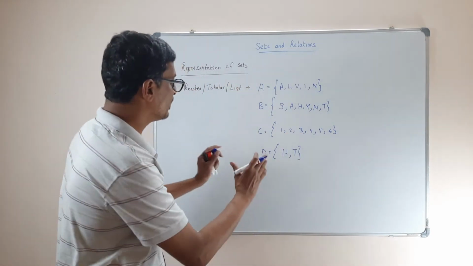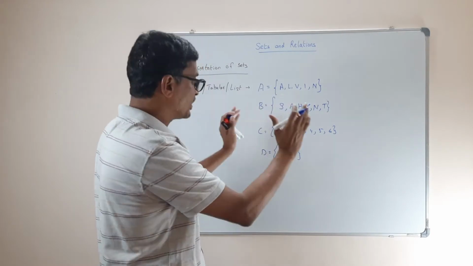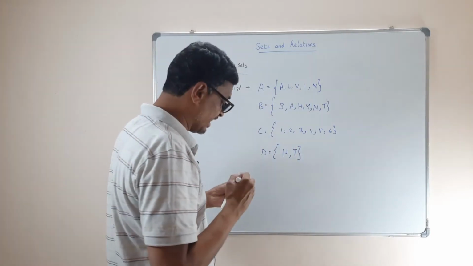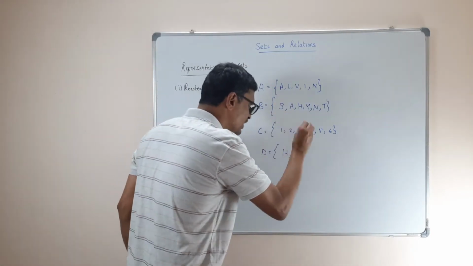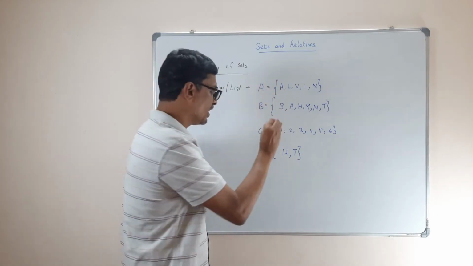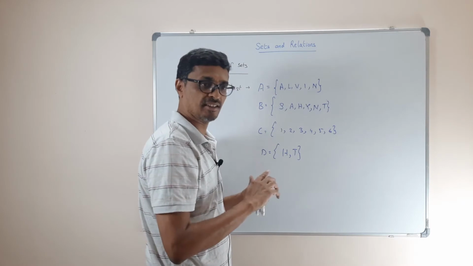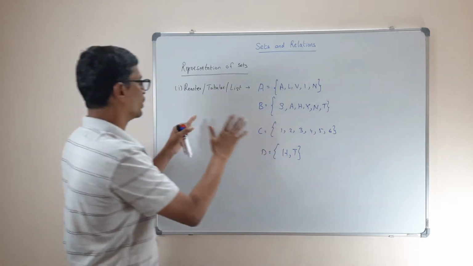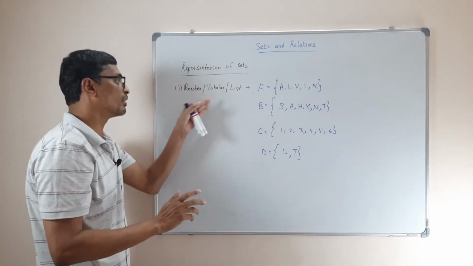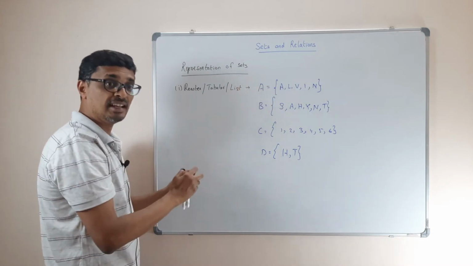So this is the way. I am taking the collection of objects and just writing the elements as they are. All the elements I put with commas and close them with a curly bracket. This is a simpler form, which you call the roster, tabular or list method of representing a set.